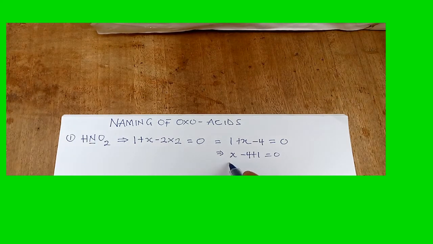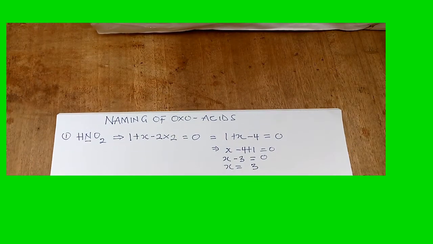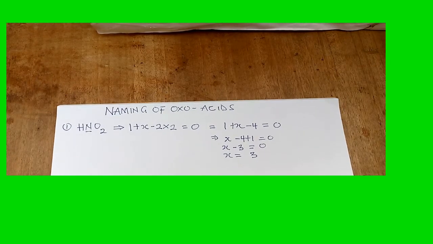Finally, because -4 plus 1 gives -3, we have X -3 equal to 0, and finally X is equal to +3. The +3 is the oxidation number of the nitrogen.